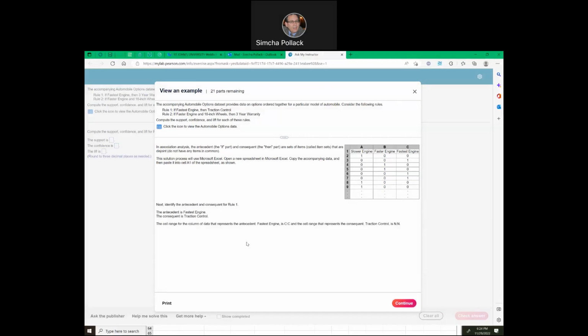Continue. The data for the fastest engine is column C, call it C:C, without specifying the numbers. And the traction control is found in column N.